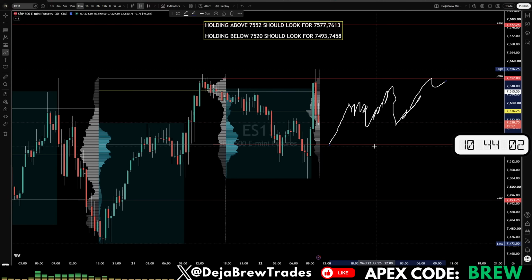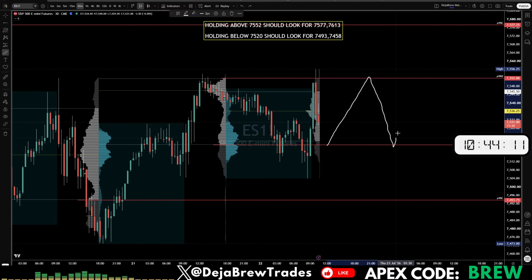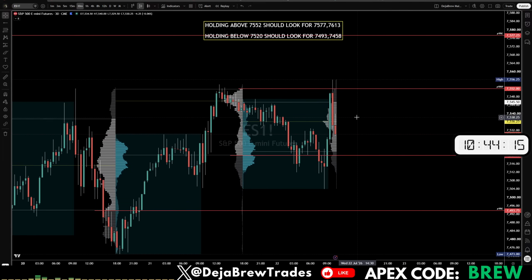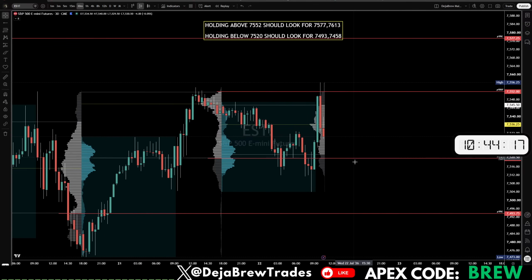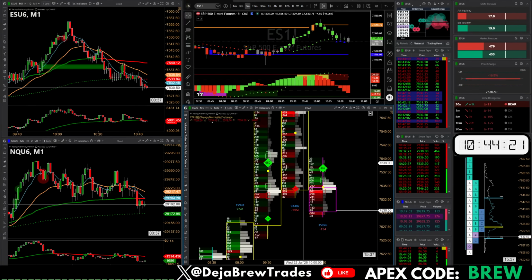Where it's just chopping like crazy. You don't know if these breakouts are real. But this is a very smooth side to side rotation from the value high to the value low. So keep it on that like 20 area. That's where it's trying to go.